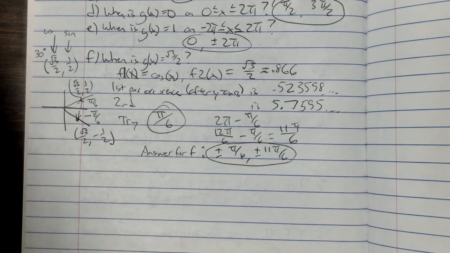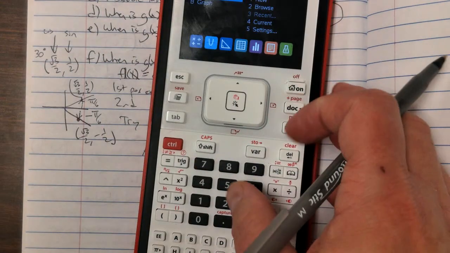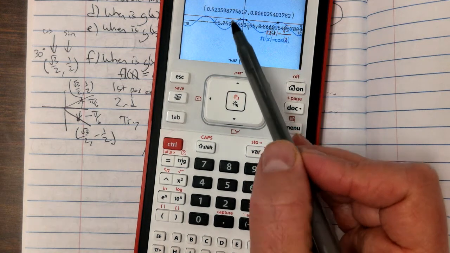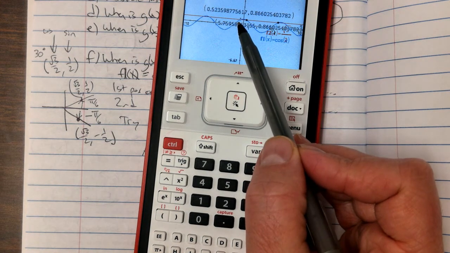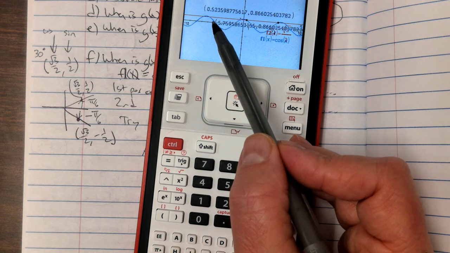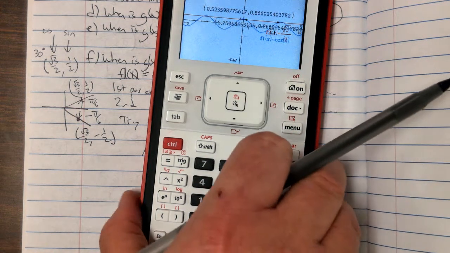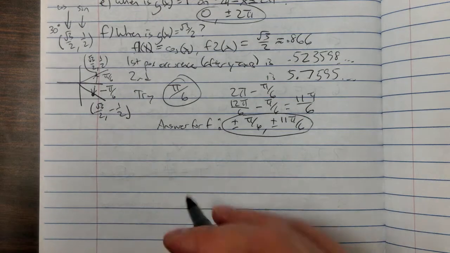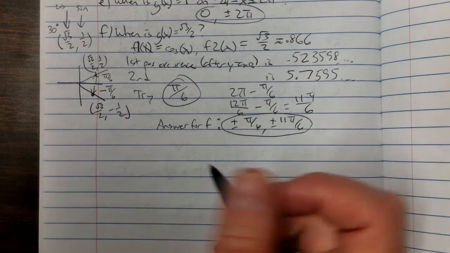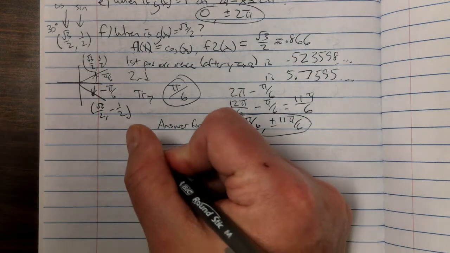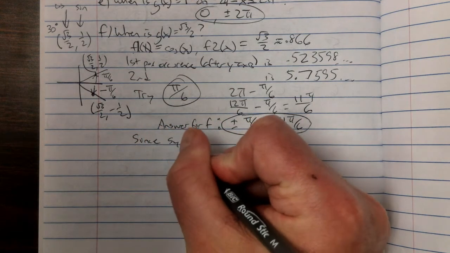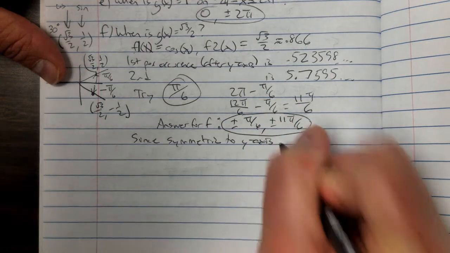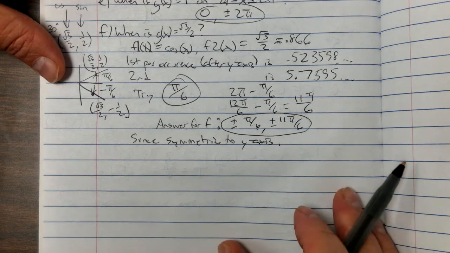So remember, it's symmetric to the axis. So this one right there would be a negative 0.52, and this one over here would be a negative 5.75. So those are our correct answers. Since it's symmetric to the y-axis, that's how come we can just put plus and minus.